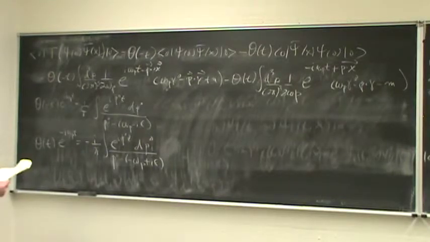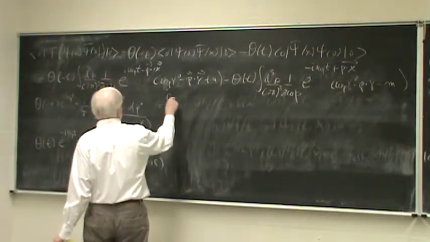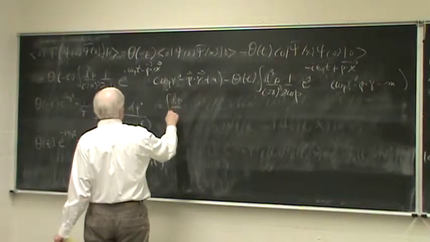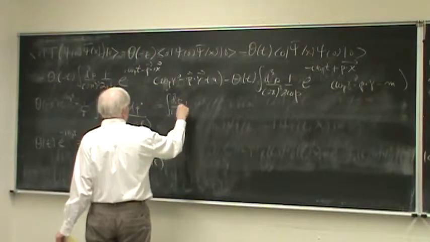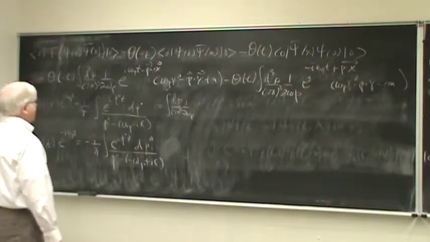All right, now let's put these two things together. So the first term then is integral d³p over (2π)³ times 1 over 2ω_p. In fact, both terms have that.